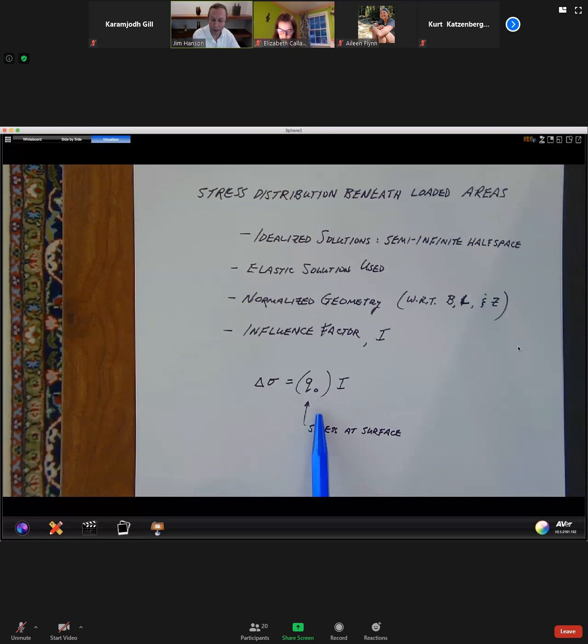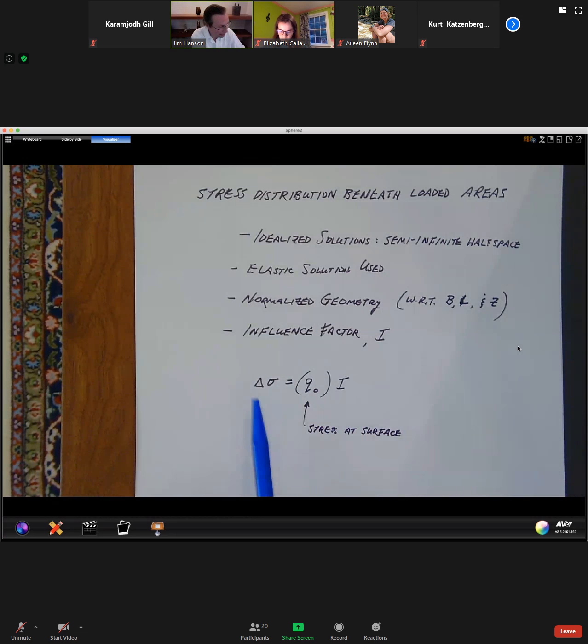So this would be the stress acting on the base of the foundation for the case of a shallow foundation version. And we'll need to do a little bit of extra bookkeeping to make sure that the foundation base is represented mathematically as being, quote, at the surface.